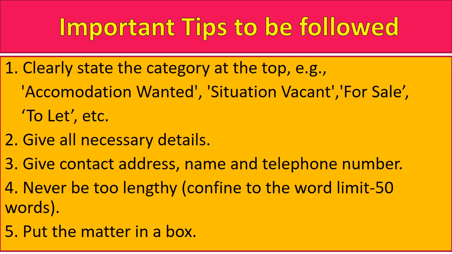And after that, give all the necessary details about the property that you want on rent or lease. After that, give your name, contact address and telephone number. And please stick to the word limit, that is 50 words. This question is for 3 marks.